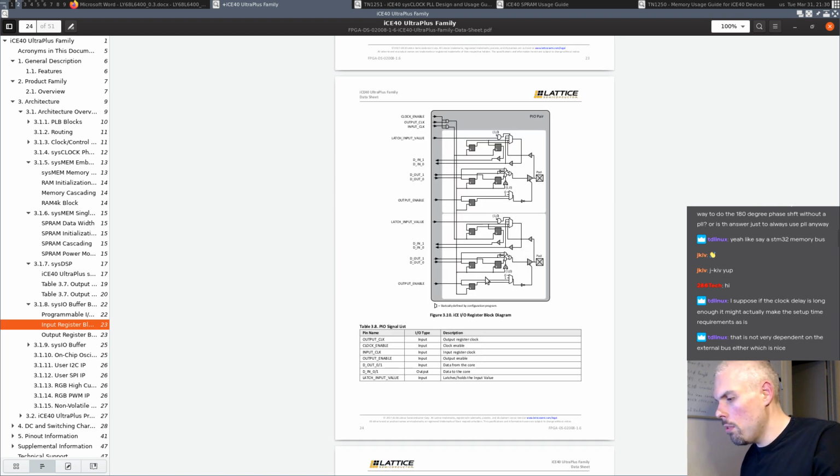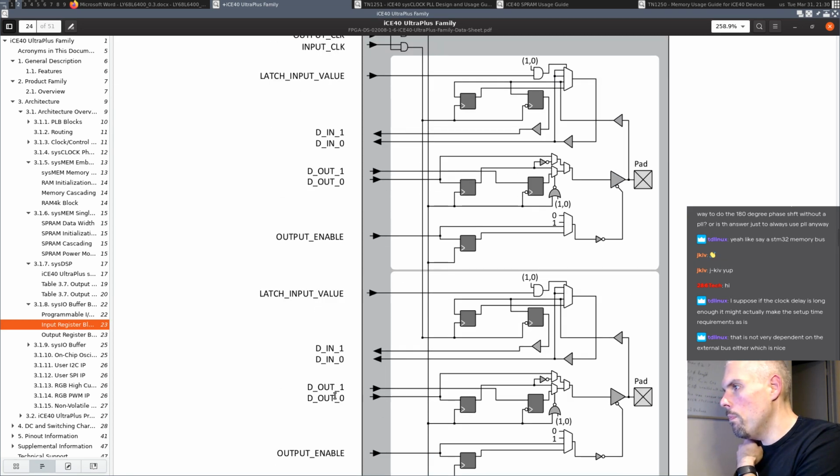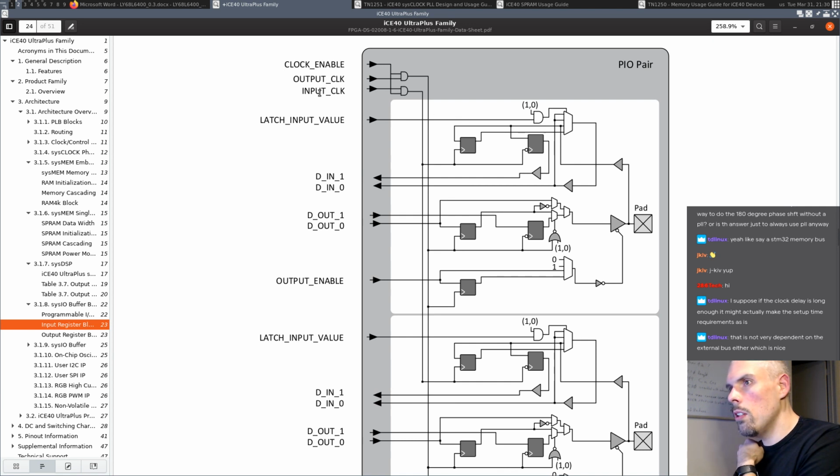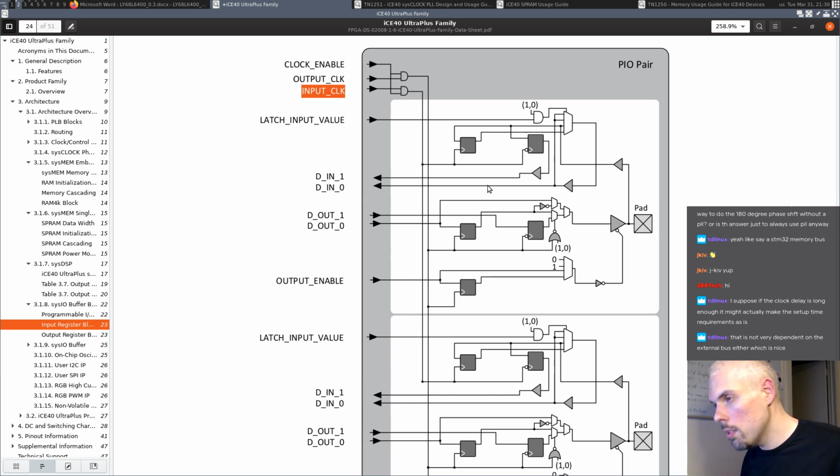Yes, that's the one I was looking for originally. The clock used for outputting data, so for the output flip-flops, and the clock used for the input are actually different, which means we can sample data using a different clock, and the FPGA PLL can potentially generate a different clock for us.